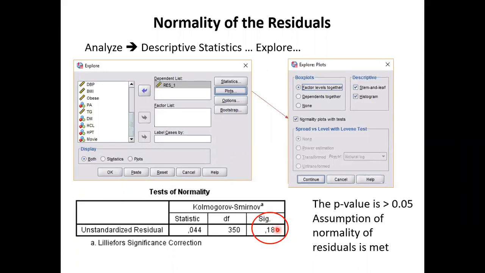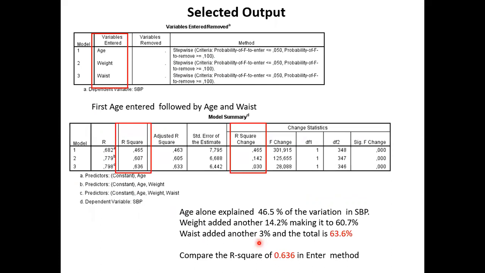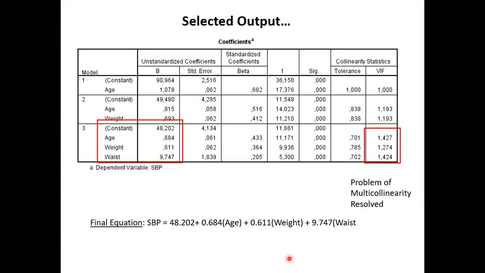You must find a way to resolve the multicollinearity problem. We asked SPSS, can it help us? Change the method to stepwise. It did very well. The R square does not differ from the original model, and your VIF problem is resolved.